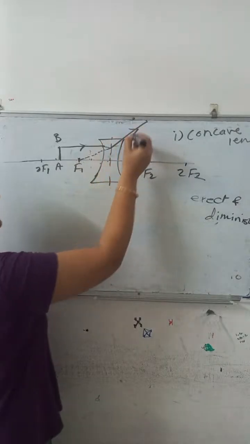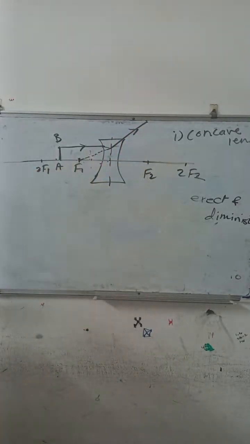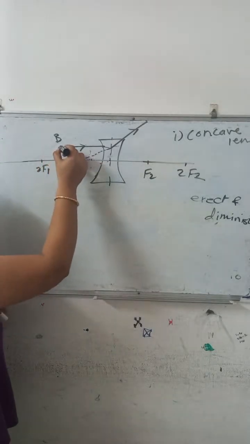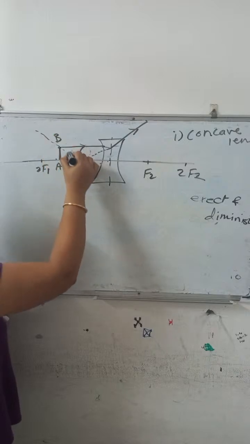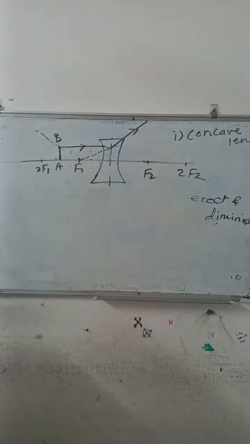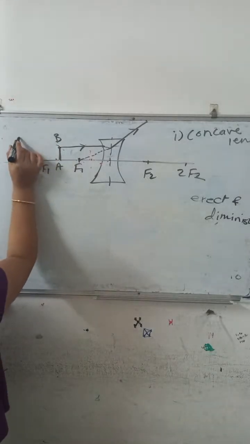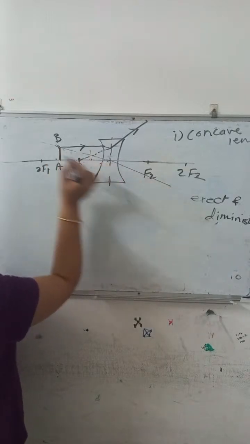This is the refracted ray and it appears to focus at F1. And another ray of light which is passing through the focus, or else you can pass through the center.